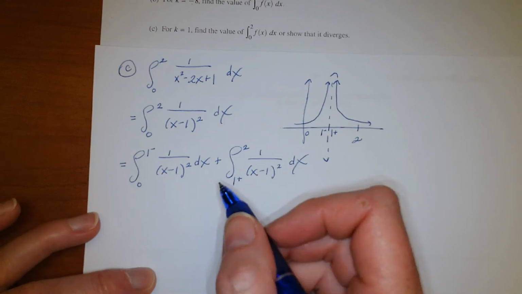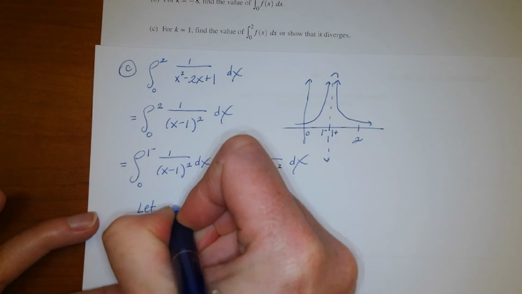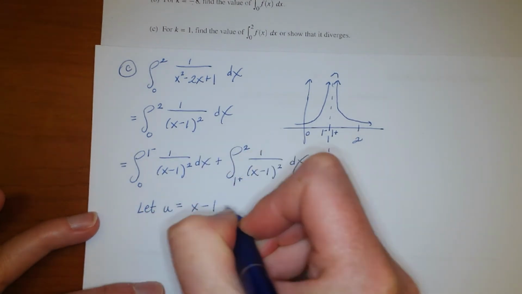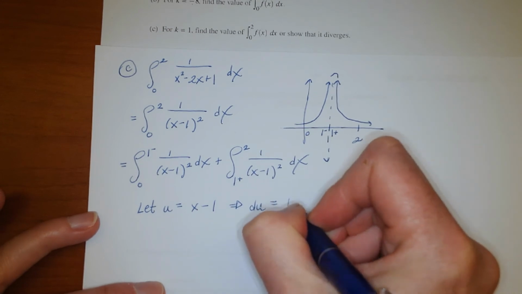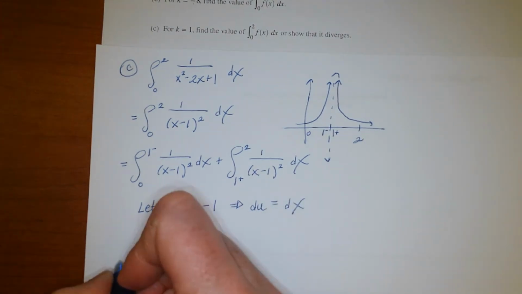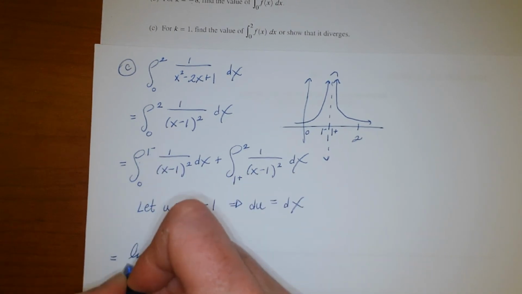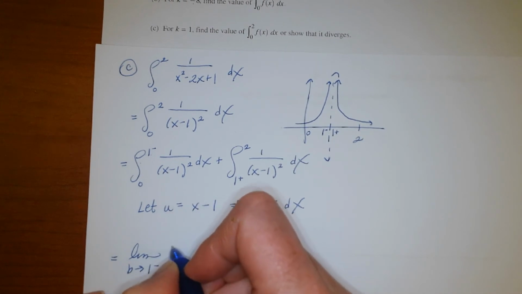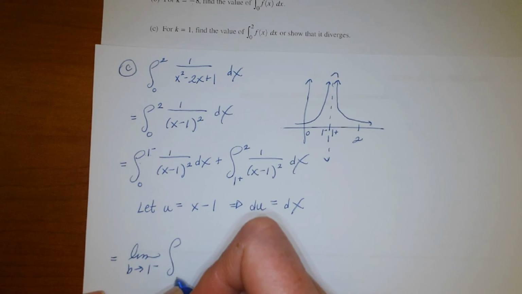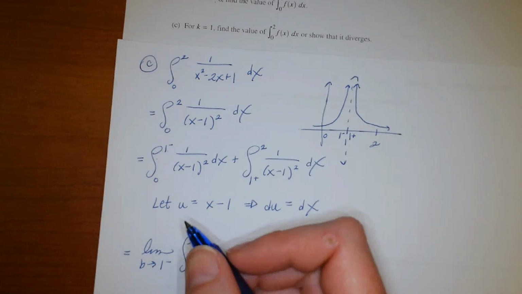And then we could do u substitution, and the same u substitution would treat both of them. So I'm also going to fix the improper piece. So limit as b approaches 1 from the left of the integral from... Do I want to change my bounds? I guess I kind of don't.